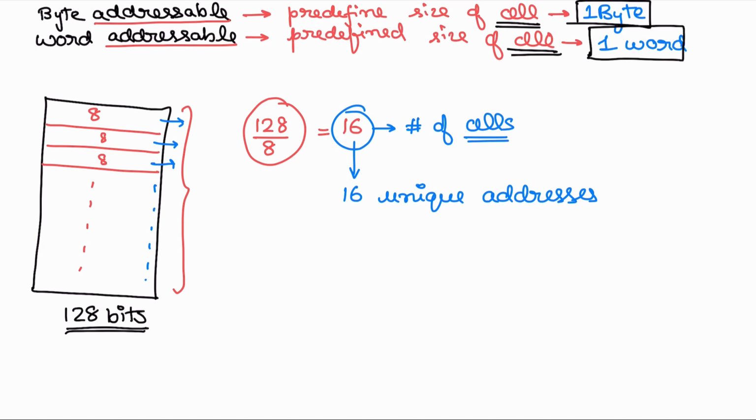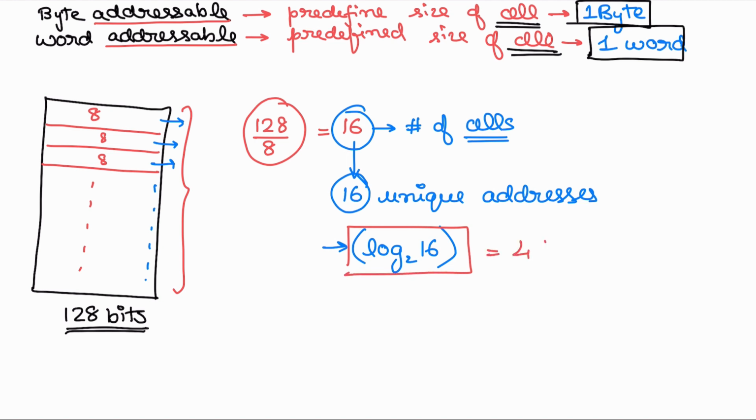Can you tell me how many bits are required to represent each cell, how many bits can we use in order to make these 16 numbers? Yes, it is log 16 base 2, which is nothing but 4 bits.